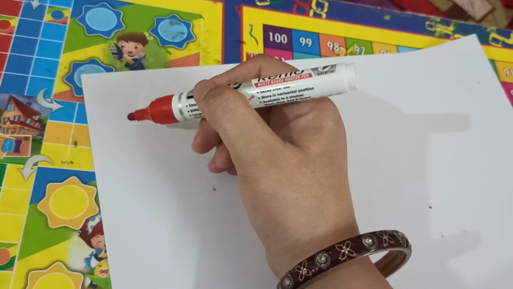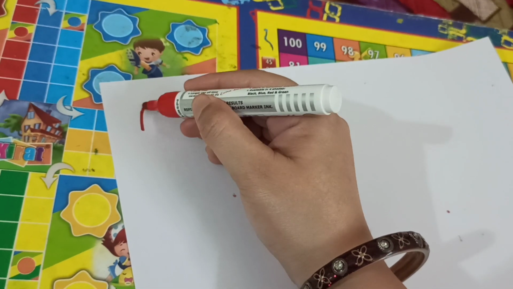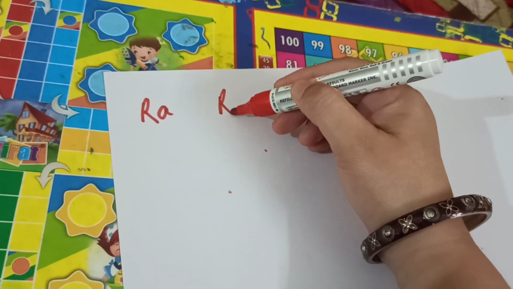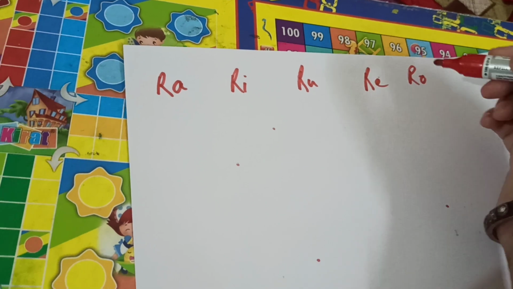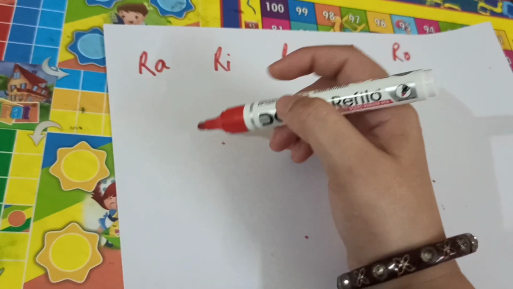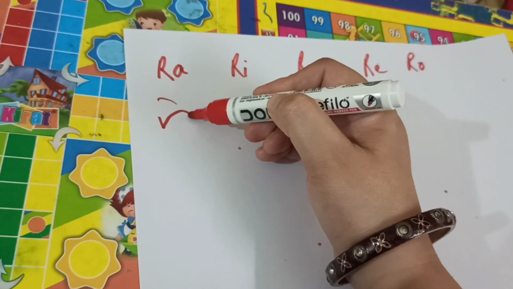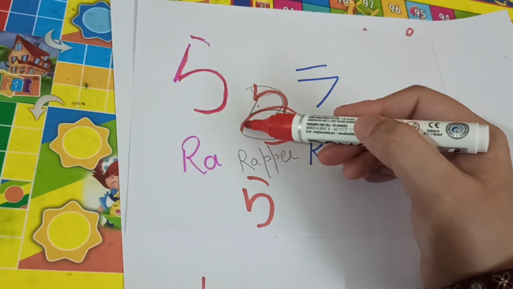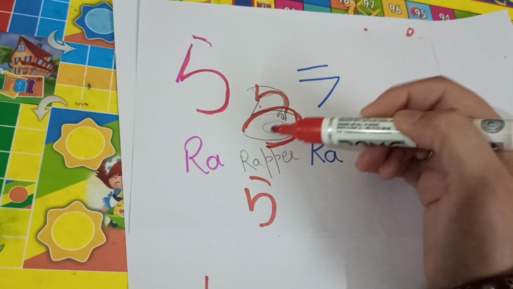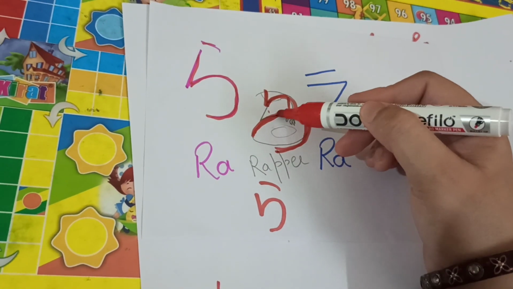Next is ra, ri, ru, re, ro. Ra is a rapper rolling a CD.